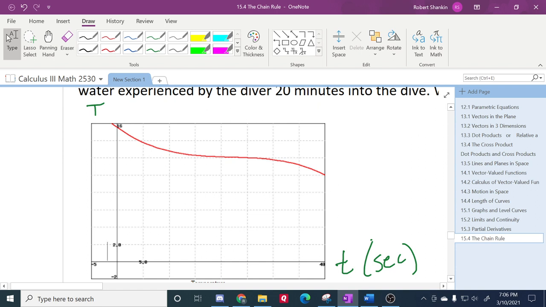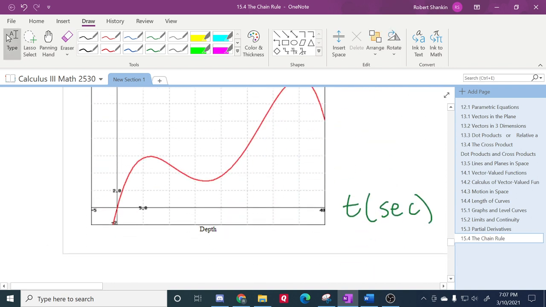It's 2, 4, 6, 8, 10, 12, 14, and that's 16 up there. So the temperature is varying between about 16 and 10.